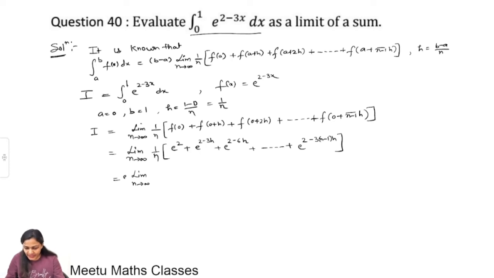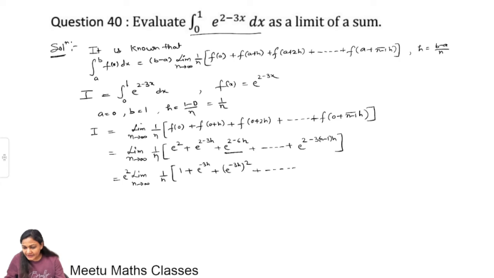So if you take e square common, you are left with 1 plus e raised to power minus 3h. Here you are left with e raised to power minus 6h, that can be written as e raised to power minus 3h whole square.